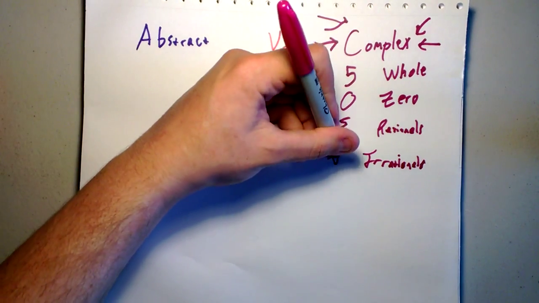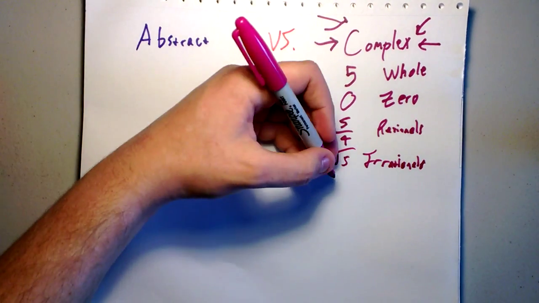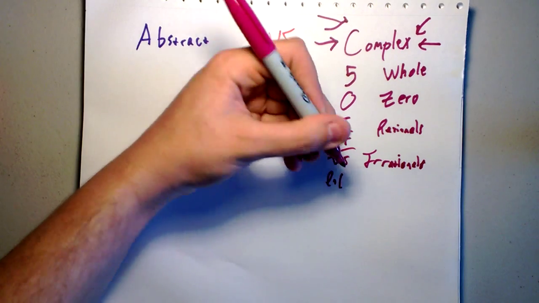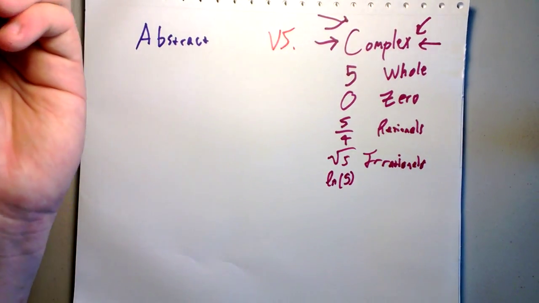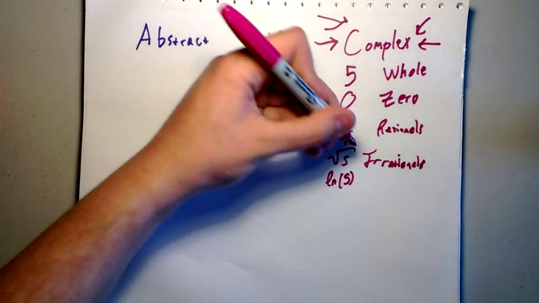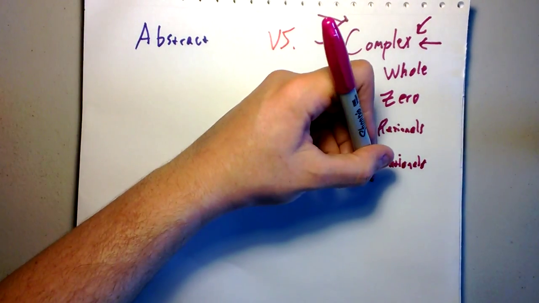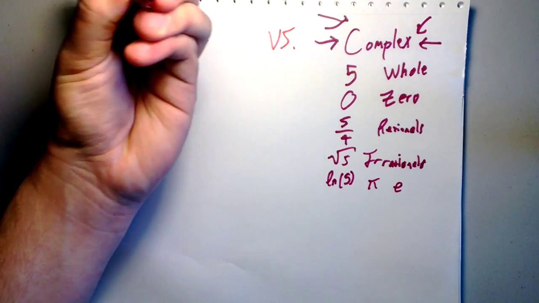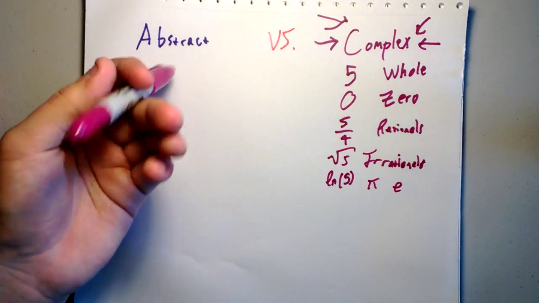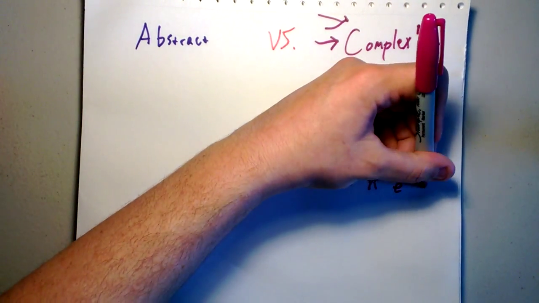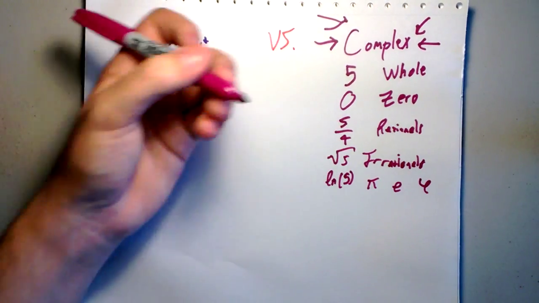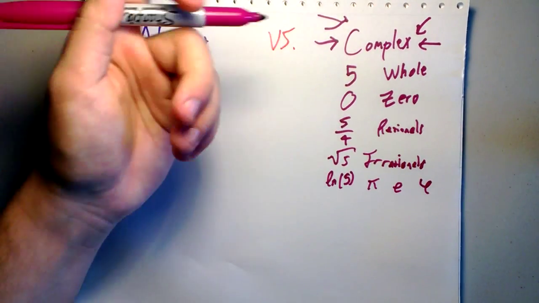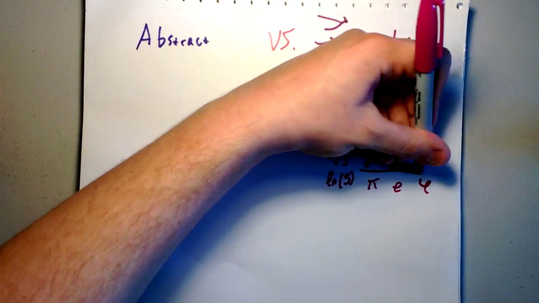You can have irrationals like the square root of 5, or the natural logarithm of 5, which wouldn't come out very clean. How about pi and e, and there's all sorts of other constants. You could have the golden ratio, which is a square root mixed with the rationals, but in the end, it's all irrationals.